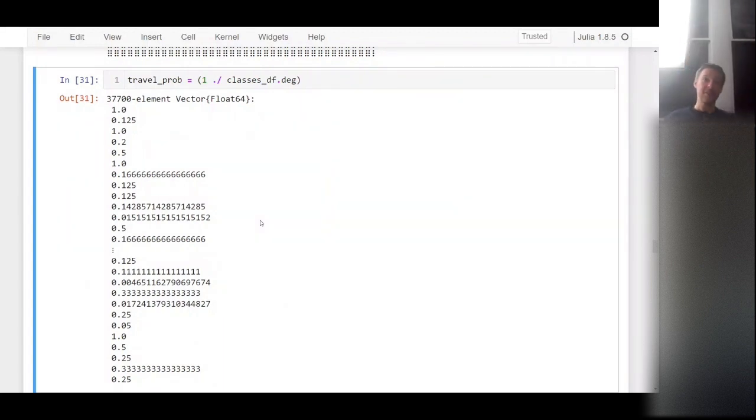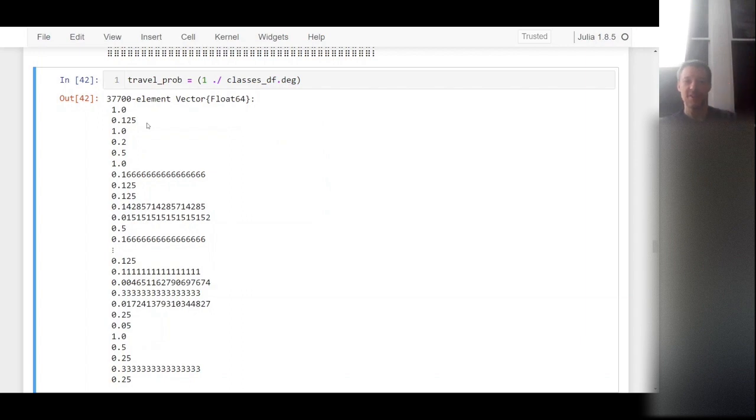The answer is easy: it's 1/degree. If I have one neighbor, like in the first node case, I will for sure visit only this one neighbor. The second node has 8 neighbors, which means I visit each neighbor with probability 1/8, and so forth. Is this clear, what travel probability means?